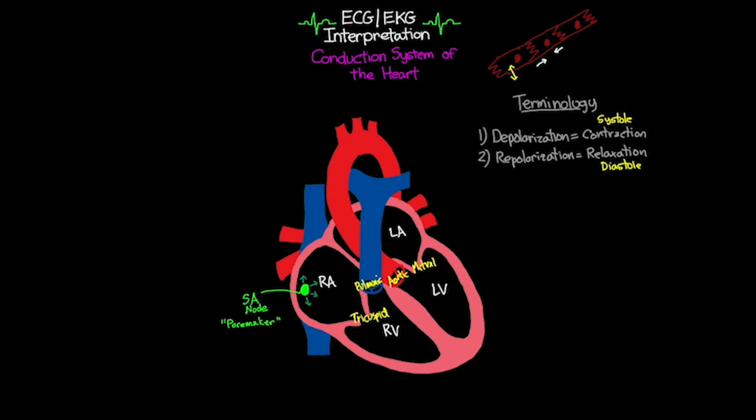And to even make this cooler, this depolarization happens at a pretty consistent rate. And in fact, the cells in the SA node will depolarize all by themselves at a rate of about 60 to 100 times per minute. And this rate can change as a result of various influences. You can have influence from the sympathetic or the parasympathetic nervous system, which we do cover quite thoroughly within our lessons on shock.